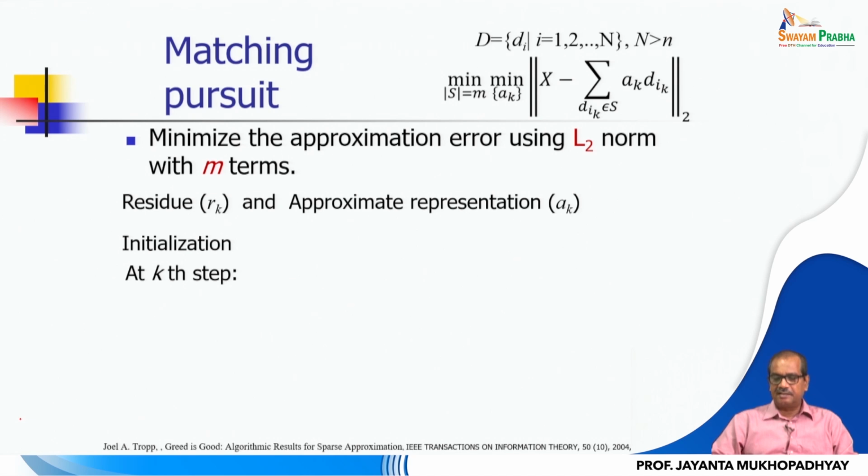As you see, our actual objective is to get the best representation using m terms, or using any m atoms. But it's a heuristic we have to apply, because otherwise it is a combinatorially explosive situation. So, as I said, we are projecting the residue over the dictionary. We have both terms: one is the residue and another is the approximate representation.